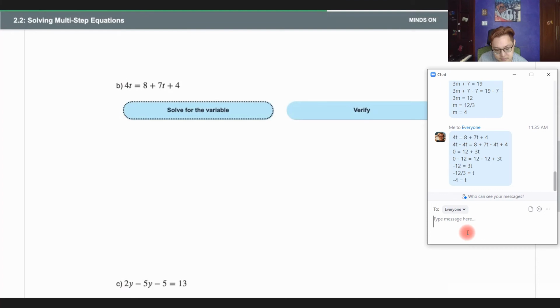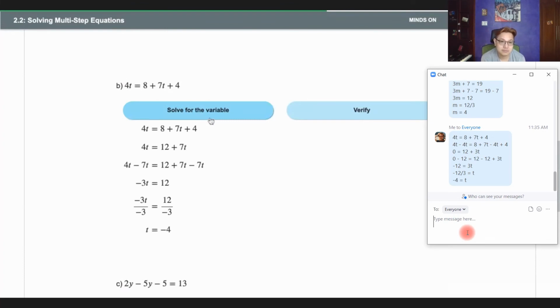Minus 4. Careful, it's minus 4. Oh, minus 4 equal t? Yep. You have to be careful with this one.